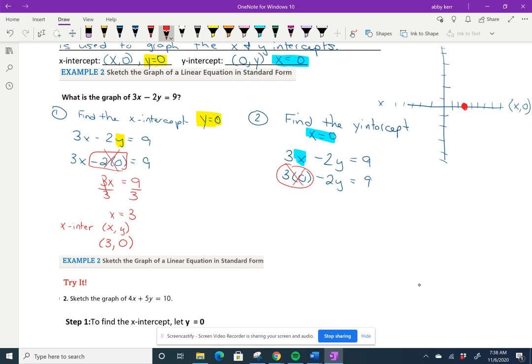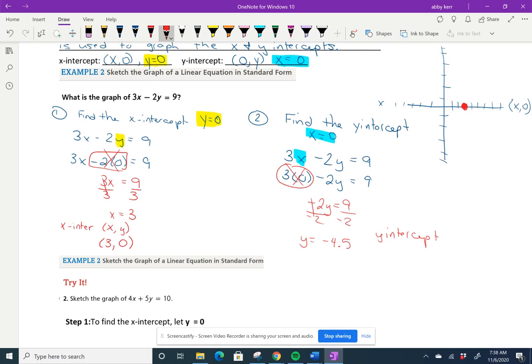So that goes away. Drop down the negative, 2y equals 9, and then divide by negative 2. And it's okay if you get a decimal. Since we're not talking about slope or anything, you want to put it as a decimal because we're going to be graphing it.